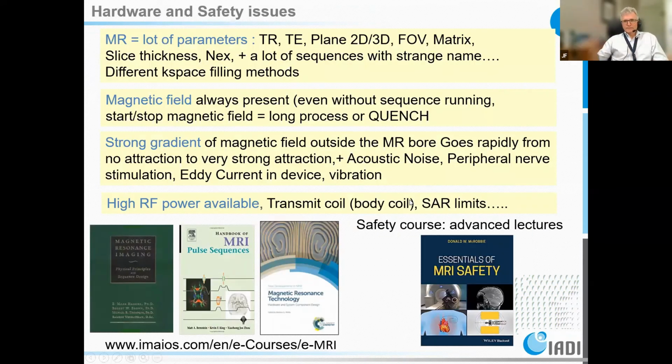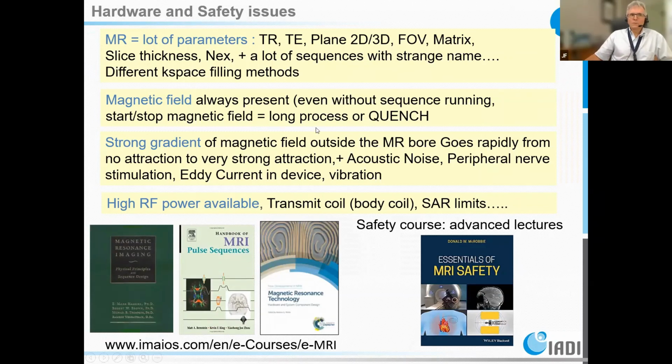So I stop here. You have seen, it's the last course here, and you have holiday very soon. You have seen that MRI has a lot of parameters, TR, TE, 2D, 3D, matrices, whatever, and you have a lot of sequences. It's really difficult to understand something, but after a time you can learn. Magnetic field, the main point is always present.